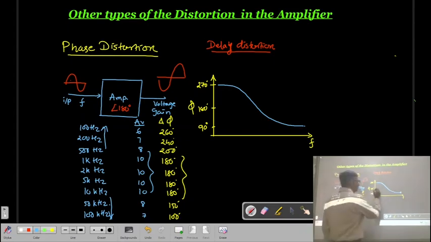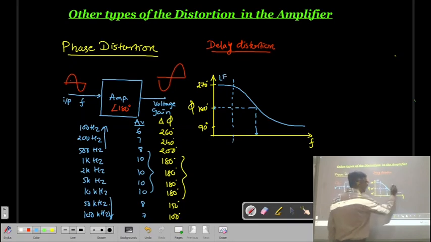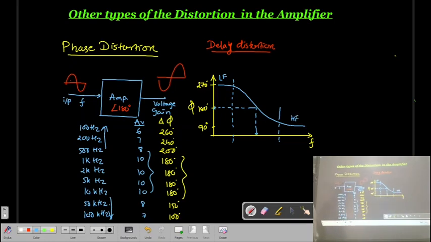Remember, for this particular frequency, here we have 180 degree of phase shift. But this is the low frequency part and this one is the high frequency part. In the high frequency part, the phase is less than 180 degree, and in the low frequency part, the phase is more than 270 degree.